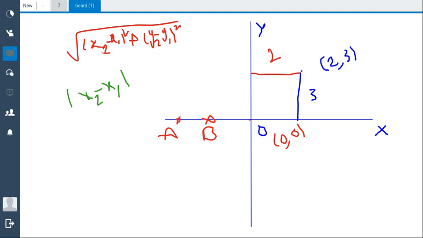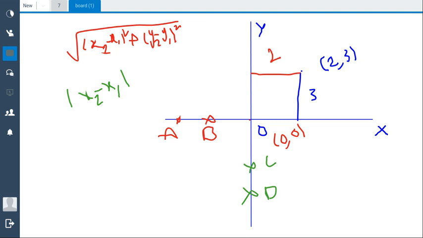Suppose if 2 points lie on y-axis, then how to find out the distance between 2 points? If the points lie on y-axis, the x coordinates are zeros.